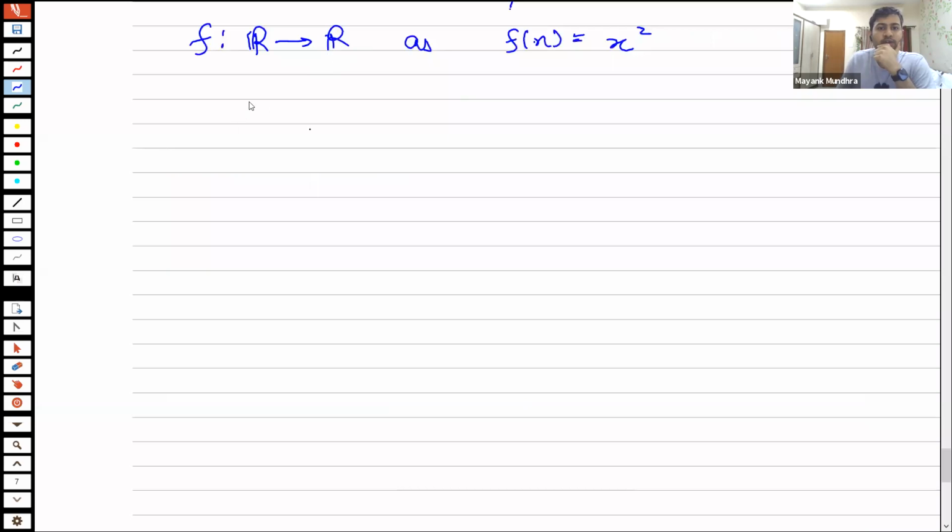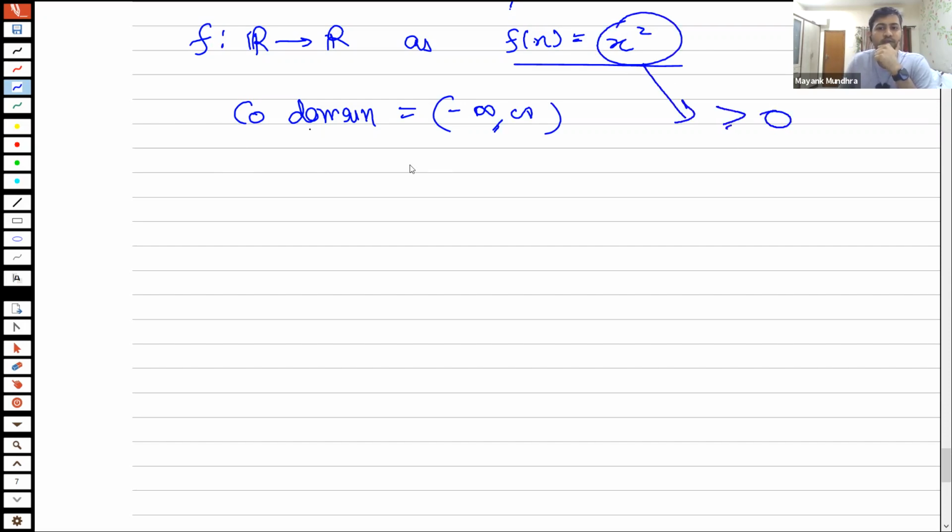The codomain is -infinity to infinity because it's the entire real number line. But for the range of this function, x squared values will always be greater than or equal to 0. So the range is the actual values which f of x produces. So the range is just going to be 0 to infinity. So the range is always a subset of the codomain.